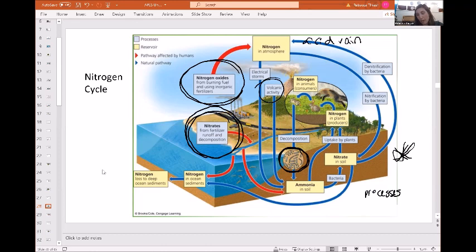So, denitrifying bacteria, nitrogen fixation by bacteria, because a lot of the questions on the exam will show you this diagram and then maybe have you fill in the blank. So, hey, what would go here? If they had this blank, would you be able to know that it's bacteria that takes this ammonia and turns it into nitrate? So make sure you definitely check this back out when you're studying later.